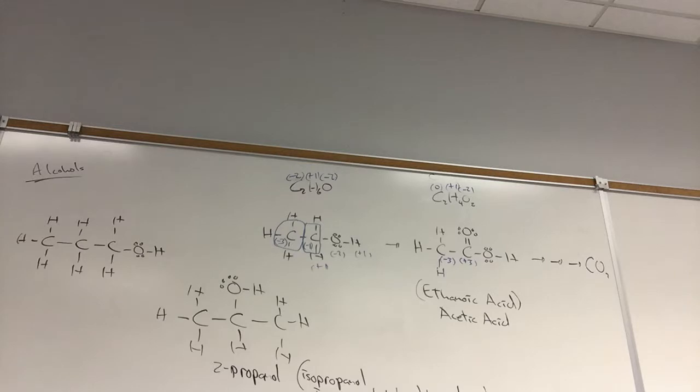Ethanol, did I say what that's called? It's called ethyl alcohol or grain alcohol. What's this one called? If that's 2-propanol, then this must be 3-propanol? Okay, good. Well, this is called 1-propanol, or just normal propanol.